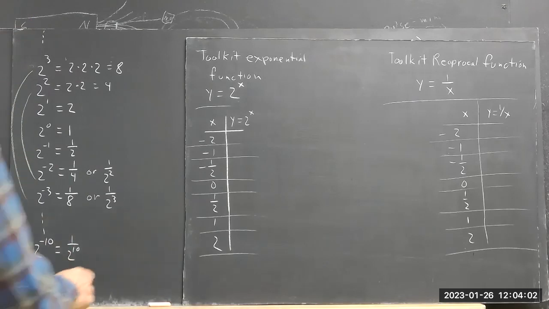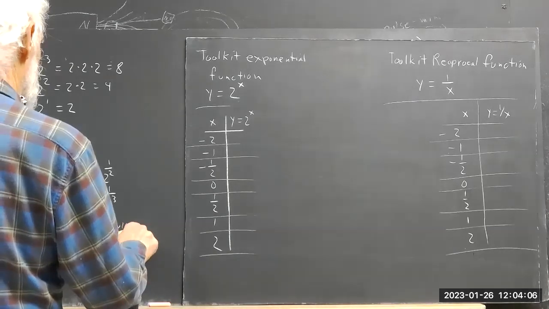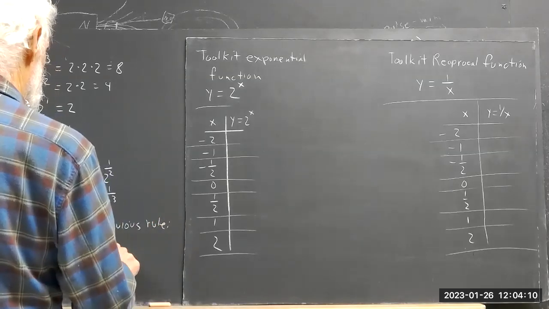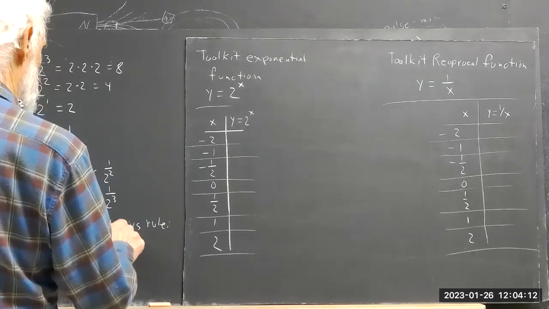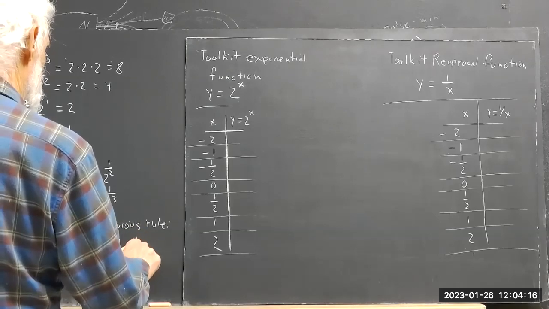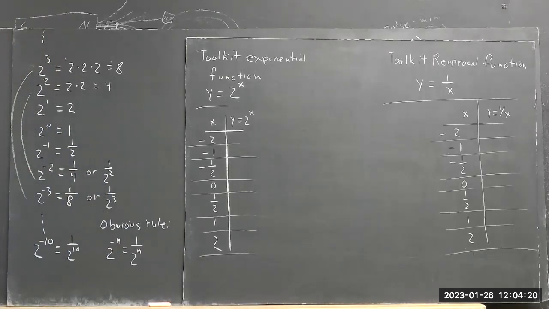Okay, so the rule is, I say obvious, it's not all that obvious, but the rule: 2 to the negative n equals 1/2 to the n.